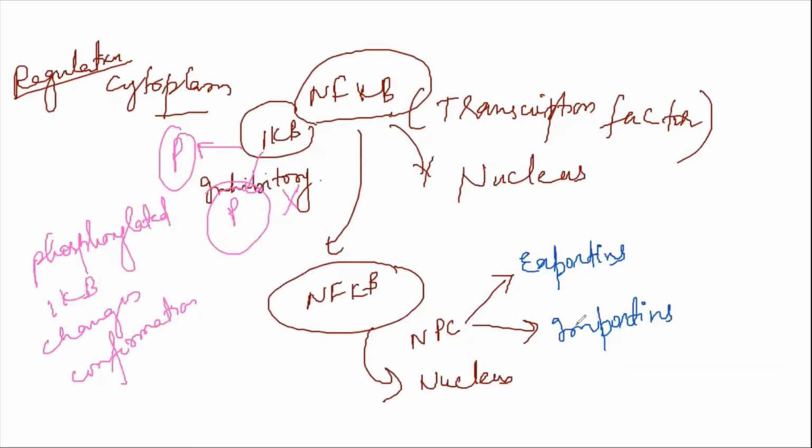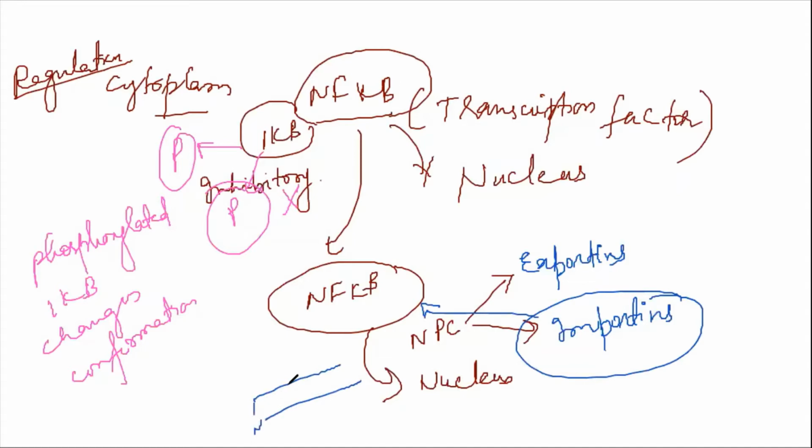Import, correct. In the same way, when you want to take something from the cytoplasm to the nucleoplasm, it is importins. So importins will bind to NF kappa B, go and bind to the NPC, which is present on the nuclear membrane, and finally your NF kappa B will be released inside the nucleoplasm.